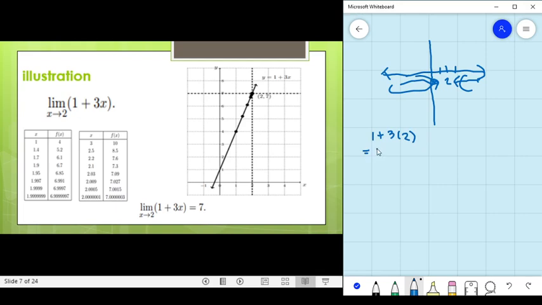So this will give us 1 plus 6, and that is why we have 7. So when x is 1, then we have 1 here. We have 4.